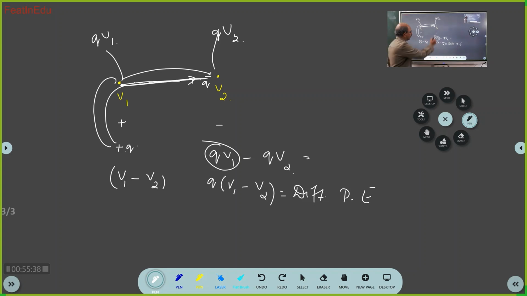And when it moves to this point, its energy becomes QV2. This pen has energy mgh1, and when it comes here, this pen will have energy mgh2. So the gravity did work. That much energy was expended by the gravity. Understood?